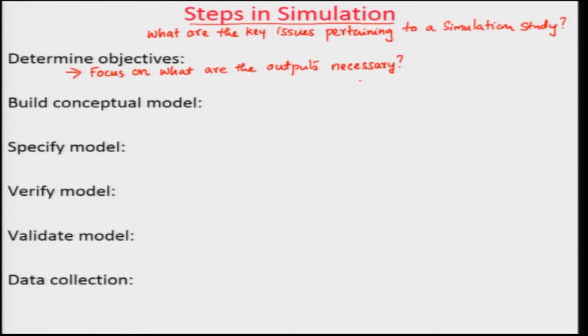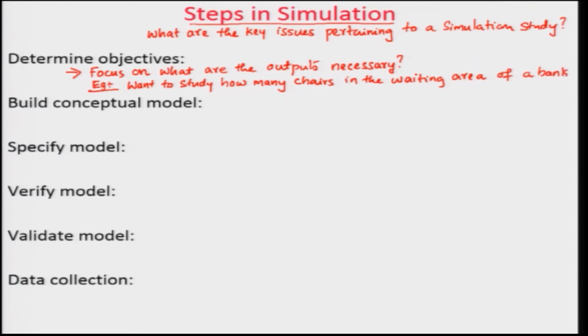An example: if you want to study how many chairs are needed in the waiting area of a bank, then the output required is the average queue length and the maximum queue length.